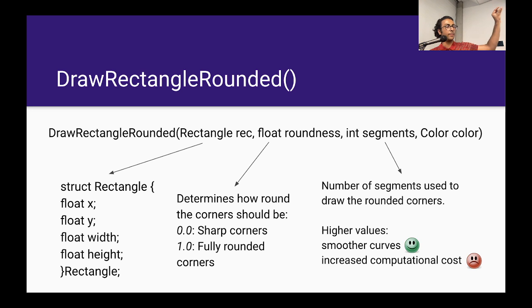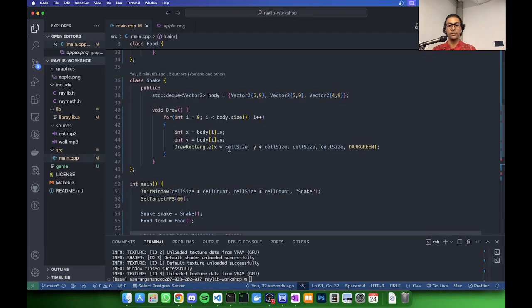Depending on the number you give it, it's going to add more line segments and give you a smoother curve. However, the more line segments you give it, the longer it's going to take to compute that. In the case of snake, it's super minimal. It's not going to matter that much. However, when you make more complicated games and you're using line segments to do a lot more computationally intensive things, it's going to be an issue. So just keep that in mind. And then you give it a color, of course.